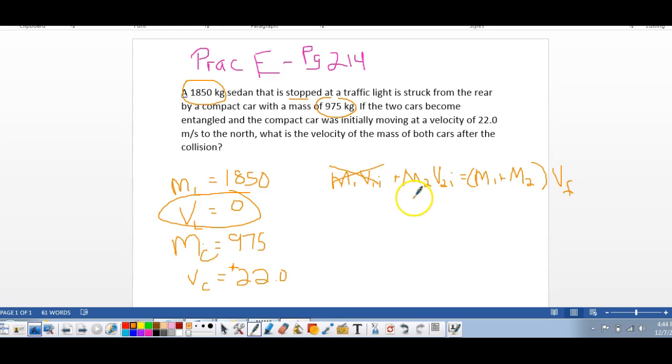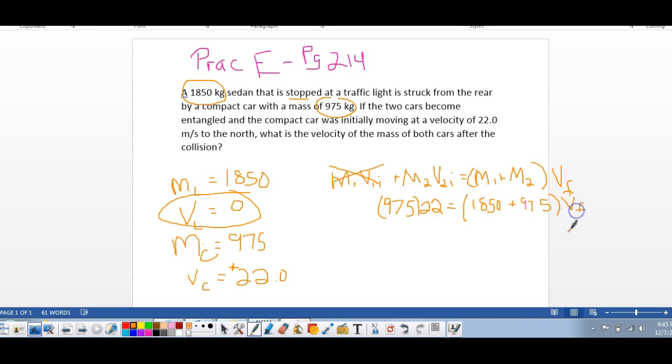We just plug in this other one. 975, and that's going to be times 22, and that's equal to mass 1, 1850, plus mass 2, 975, and then we're going to multiply that by velocity final.